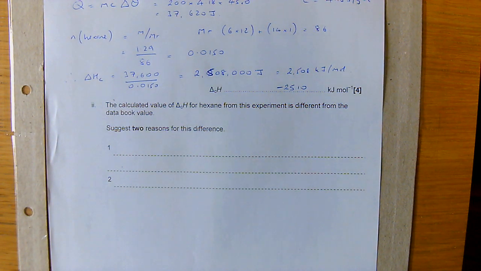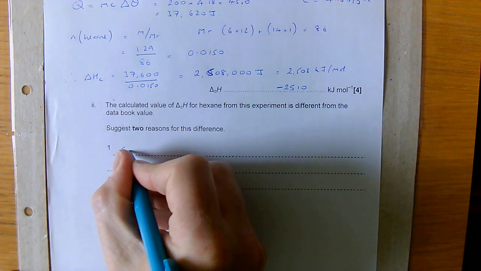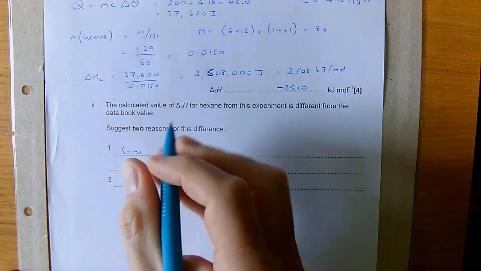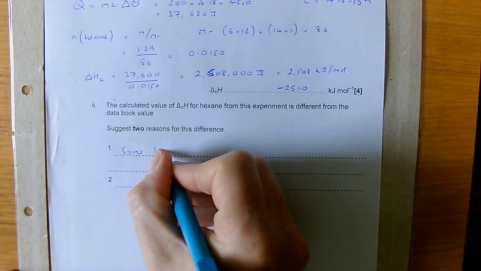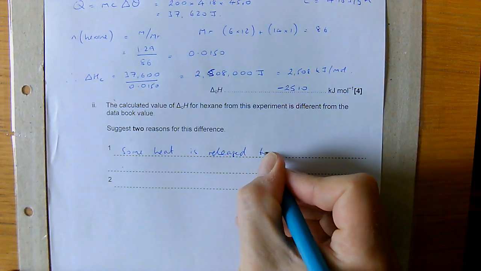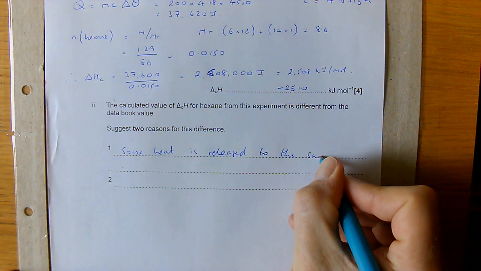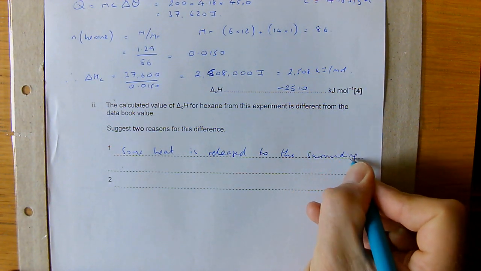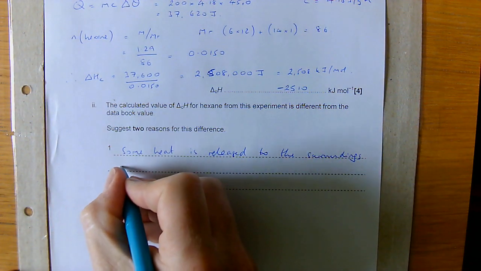And the first reason, and this comes up every time when we're talking about these sorts of experiments, is that we are measuring the heat that's gone into the water, and we are assuming that that heat has come from the burning of the fuel, the hexane, and that all of the heat from burning the fuel has gone into the water. Well, that's clearly not true, because some of that heat energy is released to the surroundings rather than raising the water temperature.